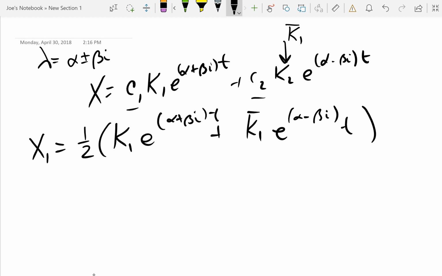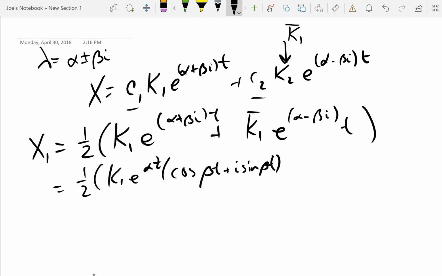In this case, we know that e to the alpha plus beta i t is e to the alpha t cosine of beta t plus i sine of beta t, and then plus k1 bar e to the alpha t, and this will be cosine of beta t minus i sine of beta t.